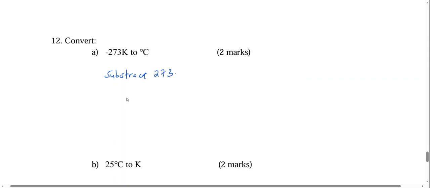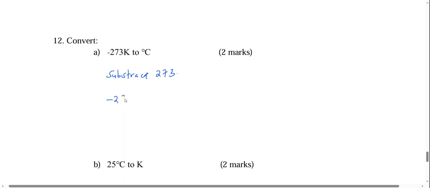Therefore, for this case, we are having negative 273 Kelvin. If I subtract 273, it gives negative 546 degrees Celsius. So this is how it's calculated.